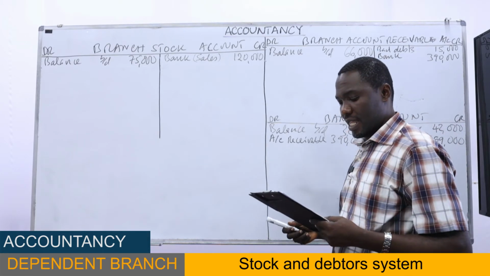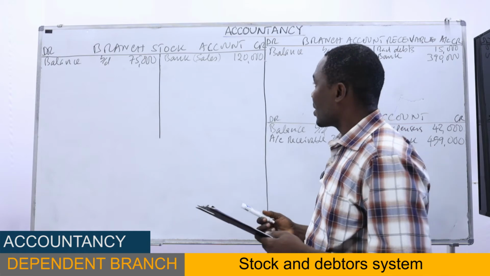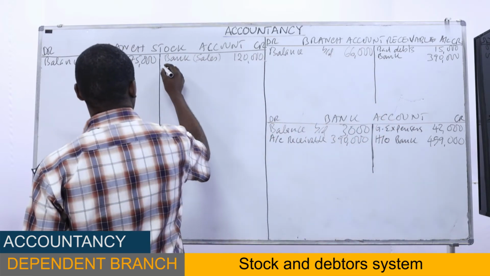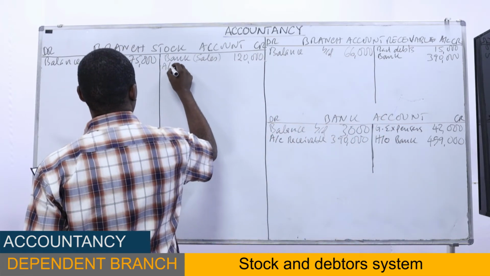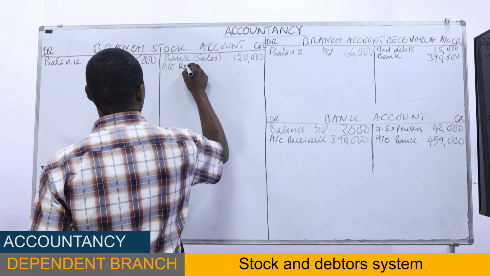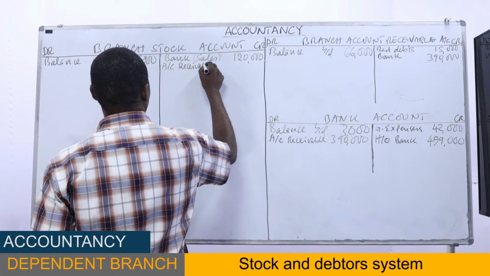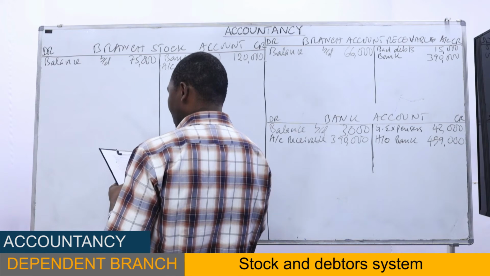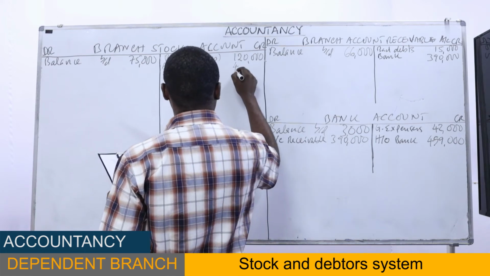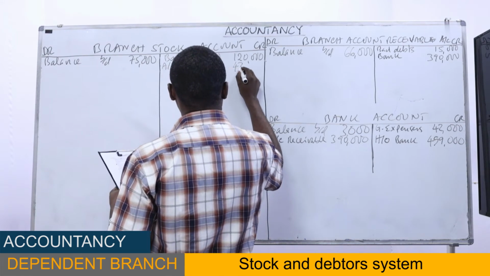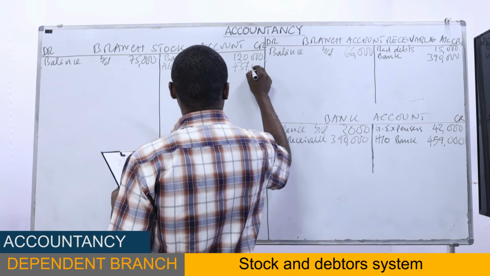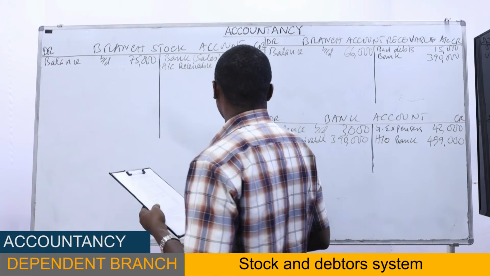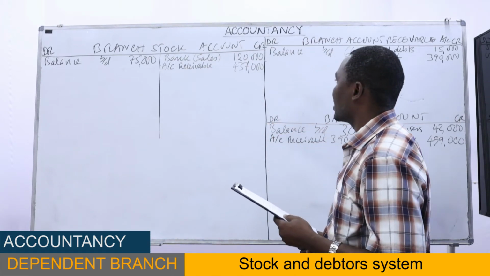Okay. They are credit sales. Credit sales will be transferred to account receivable. Account receivable is 437,000.